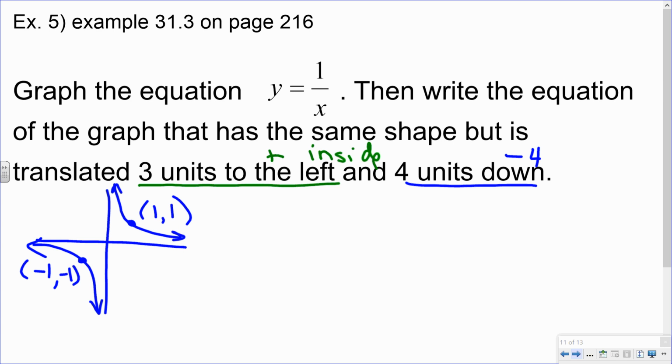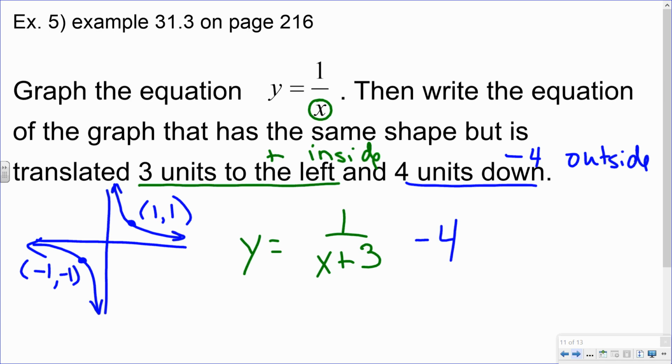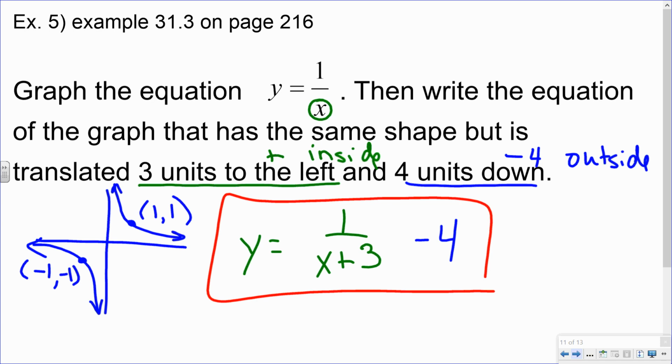Subtract 4 on the outside or at the end. So if we are doing this on the inside, that means x changes to x plus 3. And then we do -4 on the outside. So our new equation is y equals 1 over x plus 3, and then a -4.